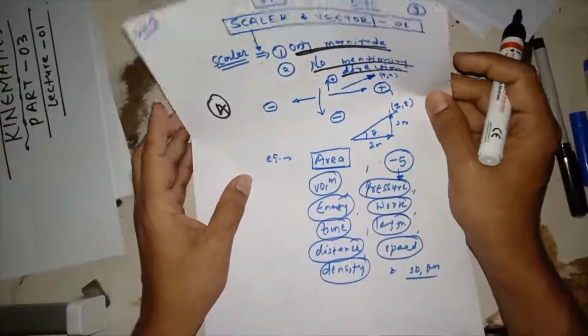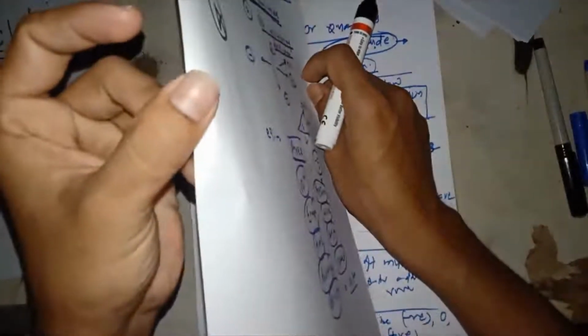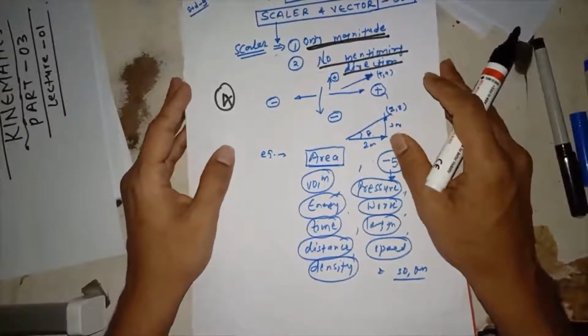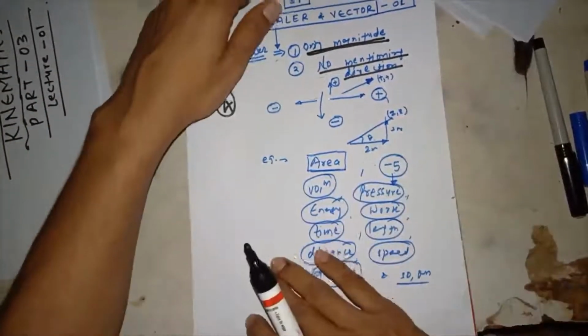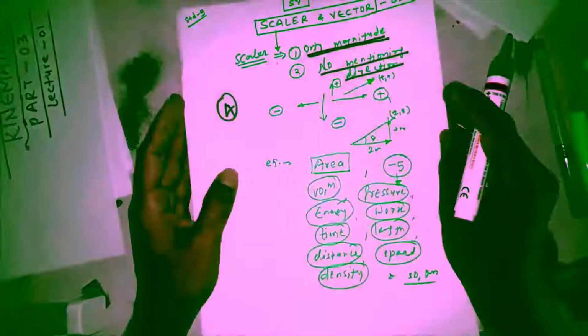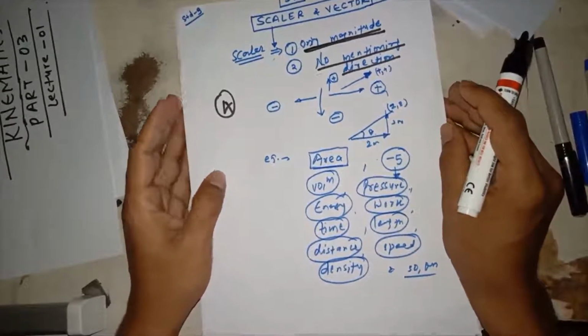If I turn the paper vertically, its area is same as when I keep it here. Its area is same in this case also. These are all scalar quantities which have only magnitude and do not possess any direction.